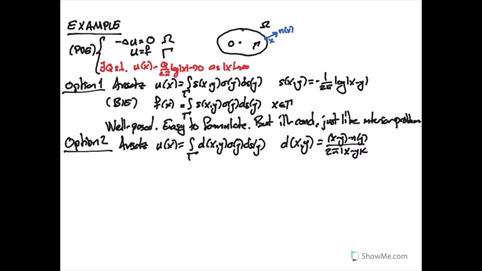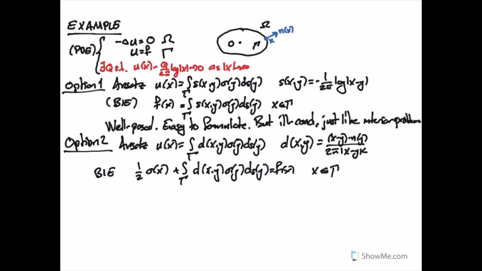We would get an equation that looks like this. So you would get a BIE, very standard, like that. So you get a second kind Fredholm equation.